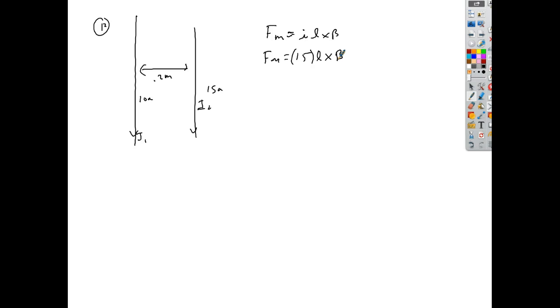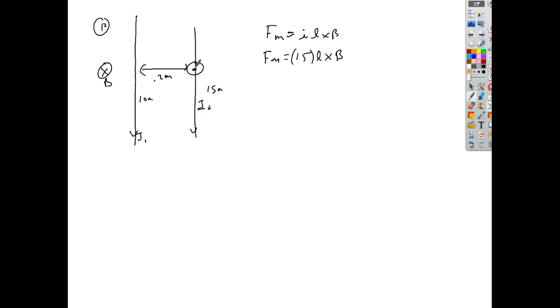First of all, which way does the magnetic field operate? Because I have to worry about the cross product too. So I'm going to use my second right-hand rule, and I'm going to put my thumb in the direction of the current. I'm going to notice that over here, it's going into the board. But as I turn my hand around, when I get to that wire, it's coming right out of the board.